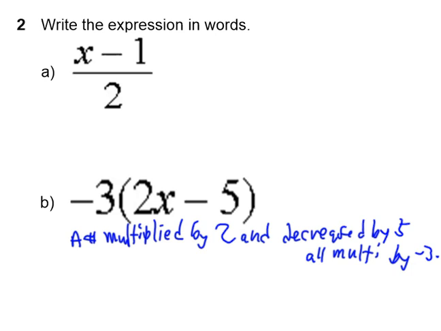That's one way. Or you could say double a number and decrease it by 5, then multiplied by -3, is also an acceptable answer. So there are variations to this. There's not just one way. It's kind of a gray area. There are multiple ways to read it, but those are two ways you could have done it.